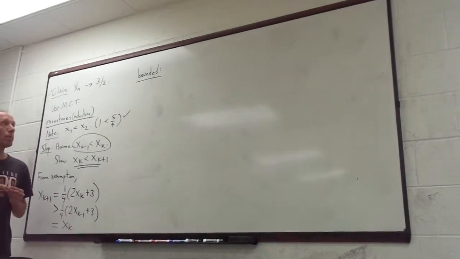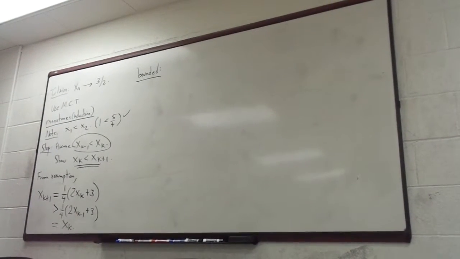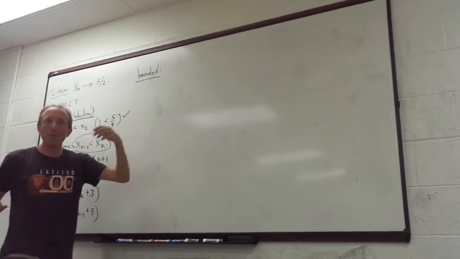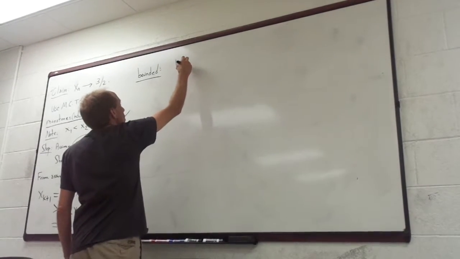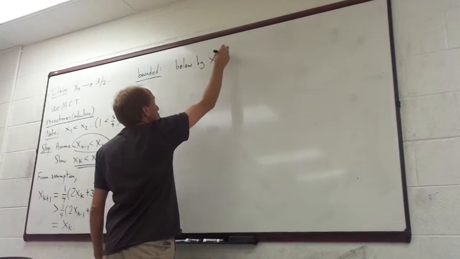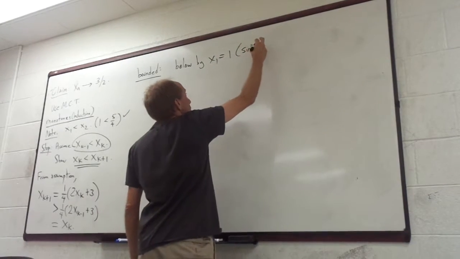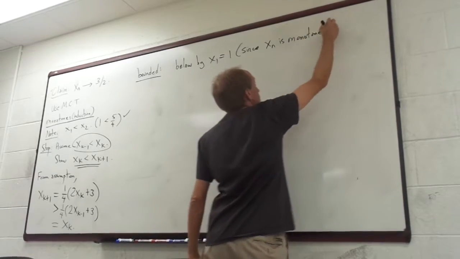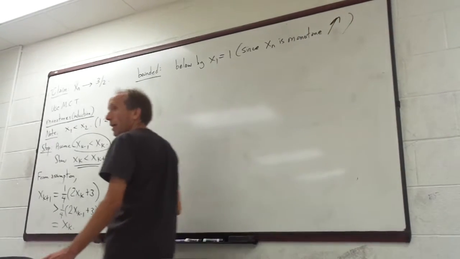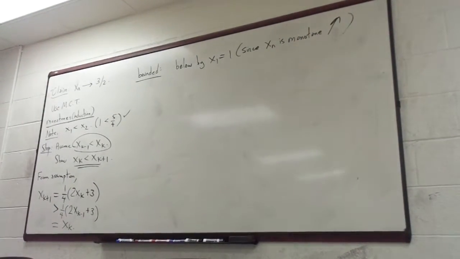Right, and it would be bounded below by the first term, which is just erased. The first term was 1, right? So bounded below by x1 equals 1, since xn is monotone increasing. So it's bounded below by 1.